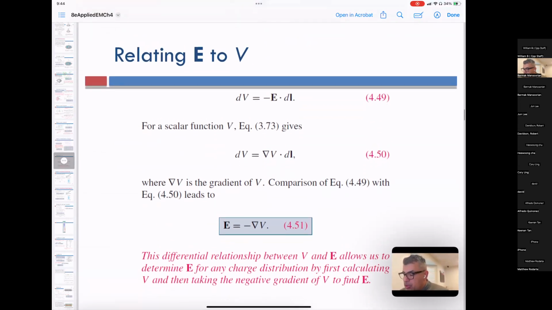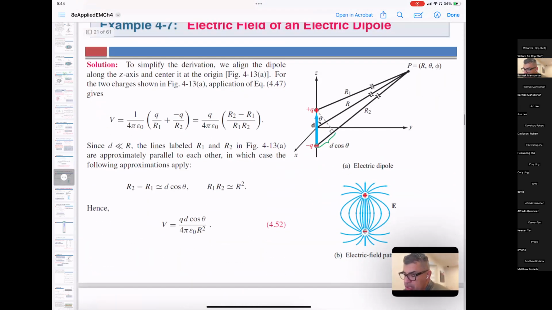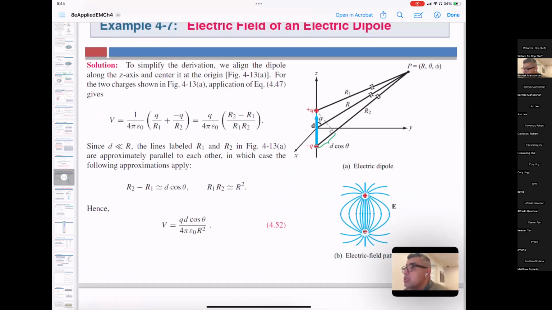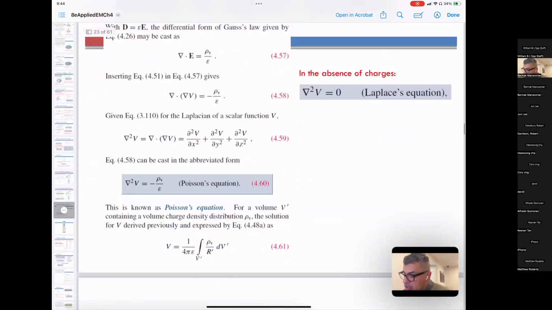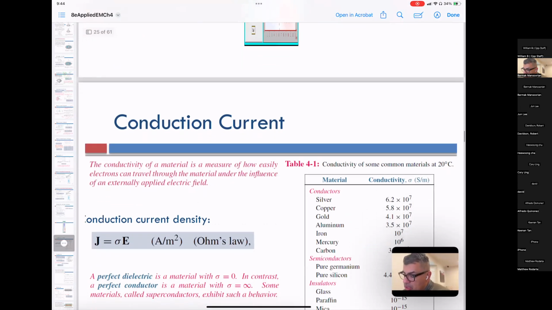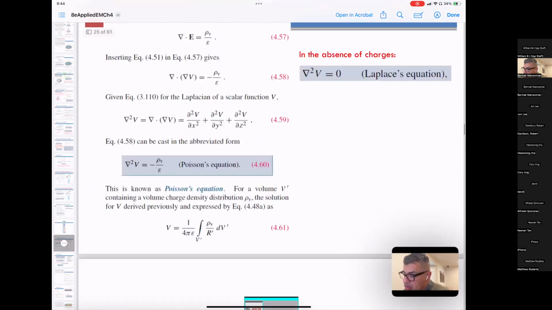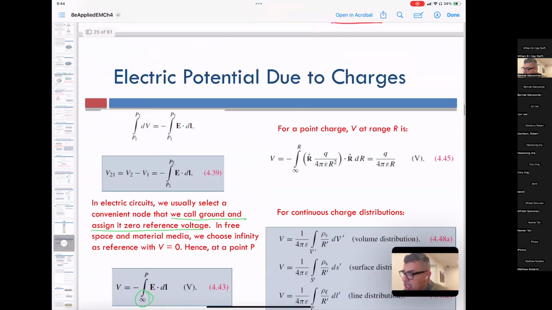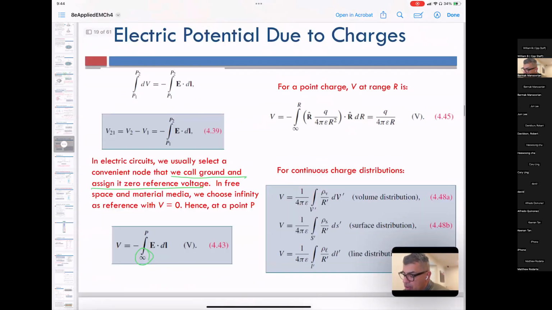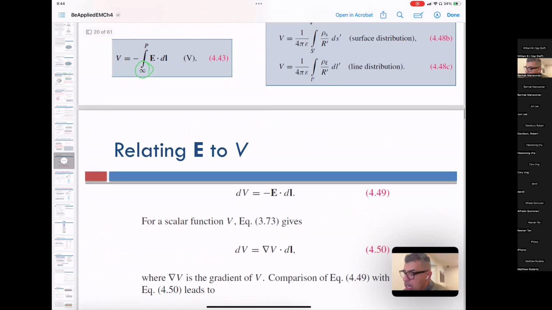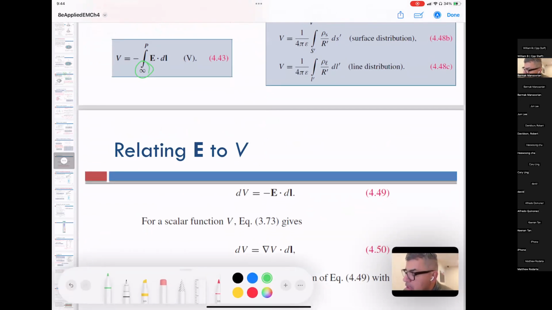A lot of times, as shorthand for me, I run into parallel plate capacitors a lot.